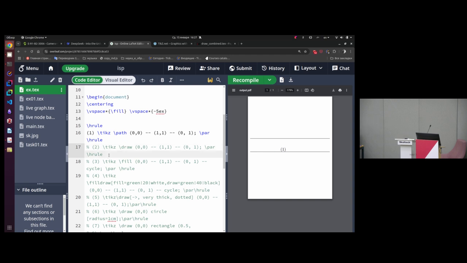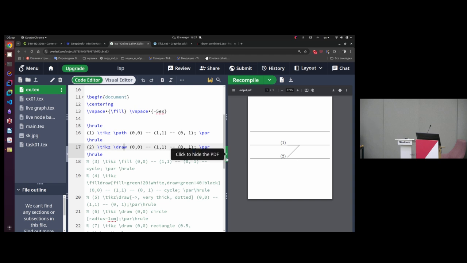In the next part, we have almost the same code, but instead of path, we use the command draw. What does this command do? It draws the lines connecting these dots that we have stated. So we have 3 dots, 2 lines, and you can see here 2 lines. Is it clear? Understandable? Right? Okay. What's the difference in the third part?